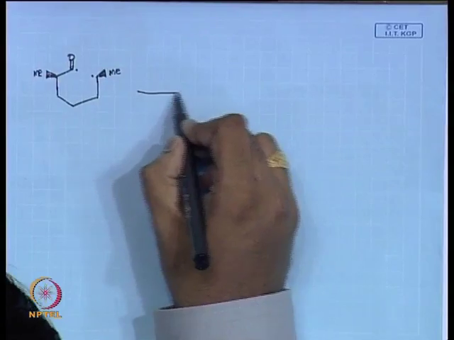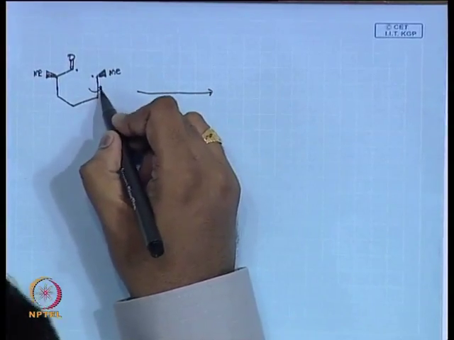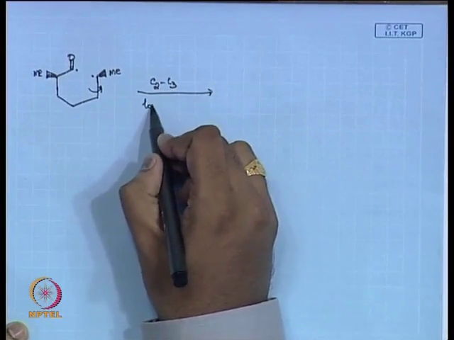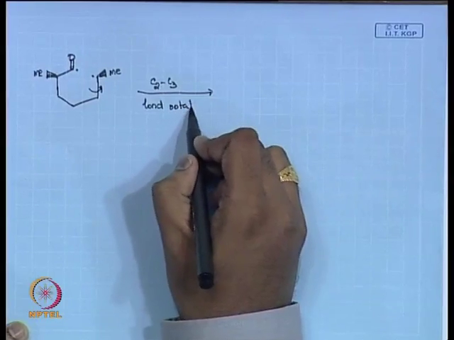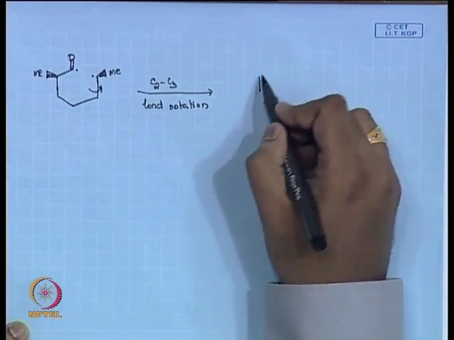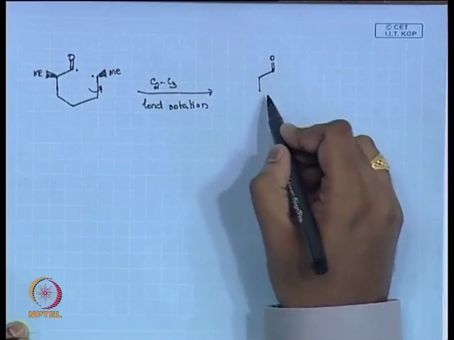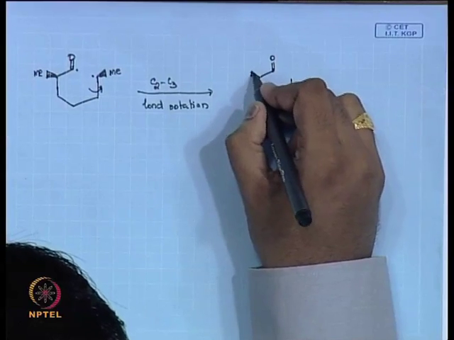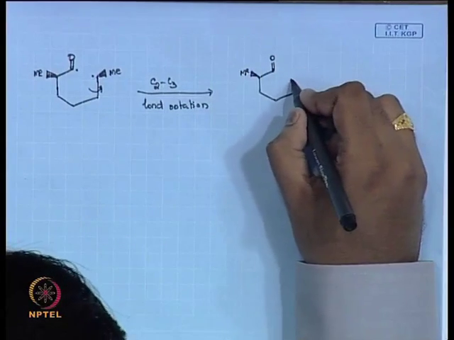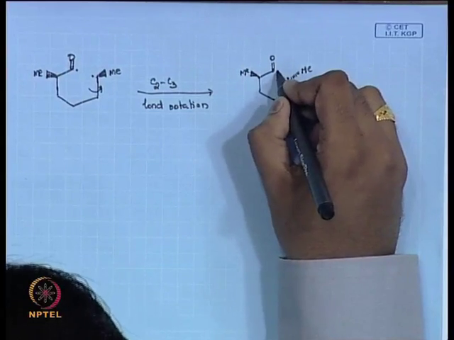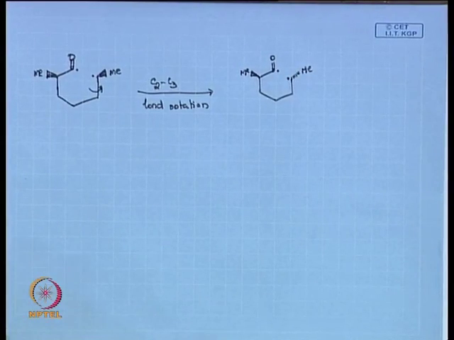Yes, you can always have this bond rotation, right? That is, your C2 to C3 bond rotation can happen. So, you will get now this system, right.